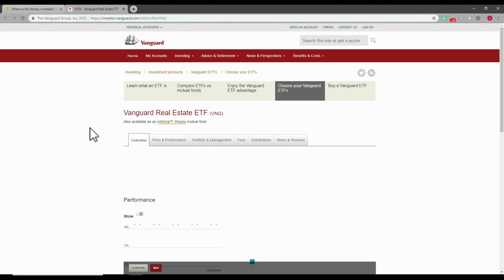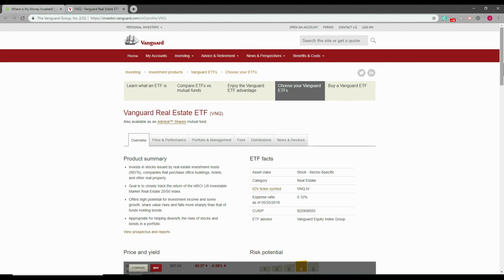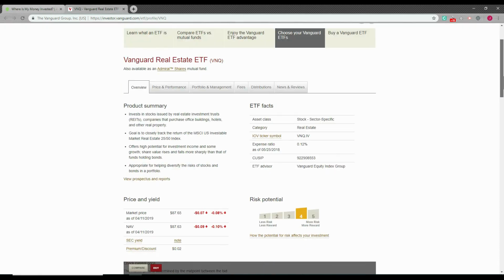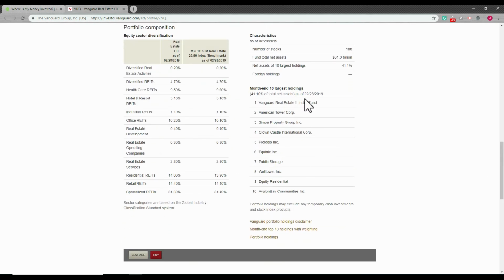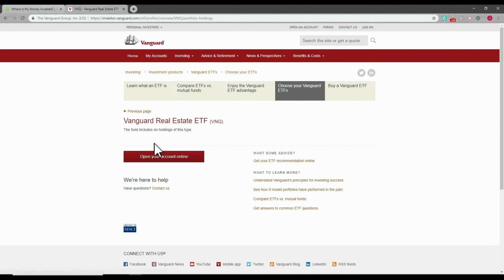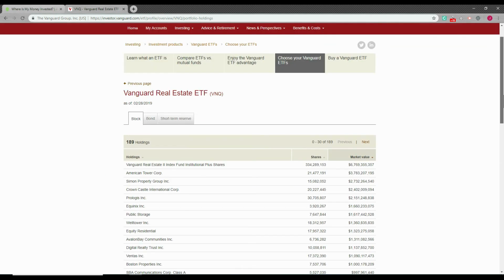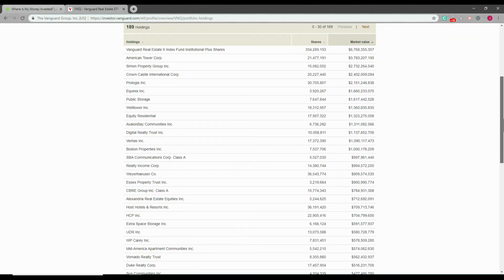And here you have the Vanguard real estate. So if you put money into Acorn, you're also going to be investing in real estate. Here it shows their holdings, and they're actually holding another real estate fund within the real estate fund. So you would think that everything within this has to do with real estate in one shape or form.